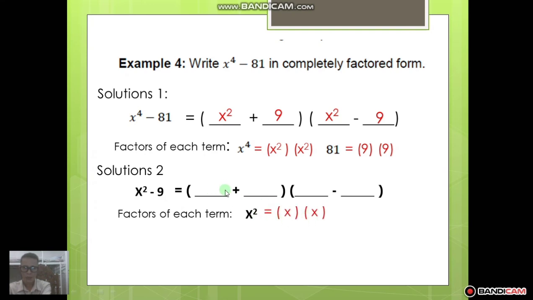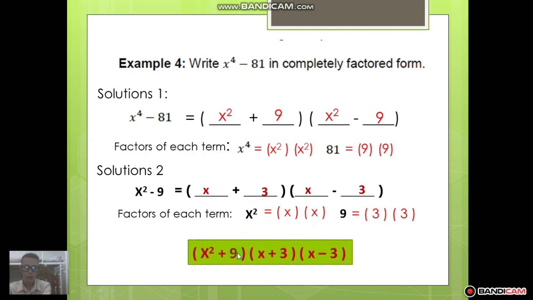This is now the first term of the binomials. Then the factors of the second term, which is 9, are 3 multiplied by itself. So this is now the second term of the binomials. Finally, we derive the complete factored form of this given expression.